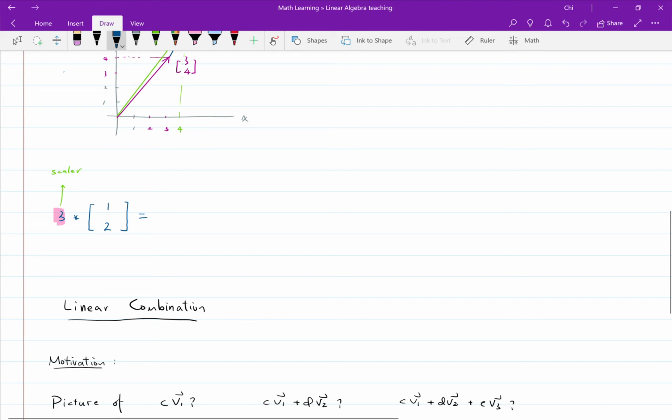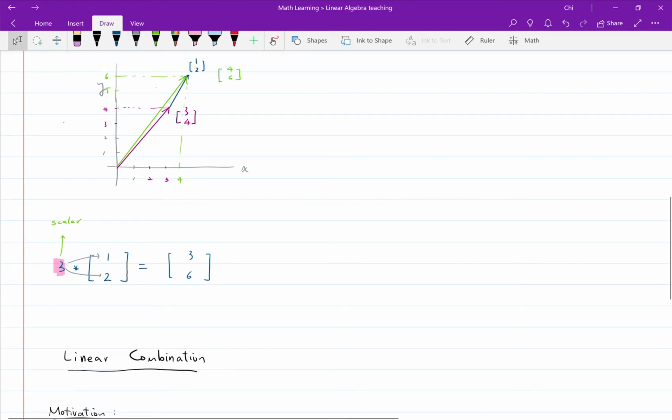Well, it goes component by component too. You do 3 times 1 is 3, and 3 times 2 is 6. Pretty easy, right? You take that scalar and multiply it into each of the components. We're distributing that scalar into each component, and that will be 3, 6.